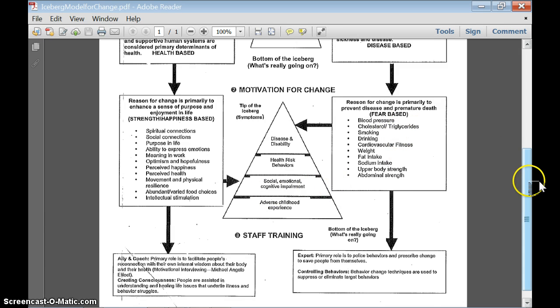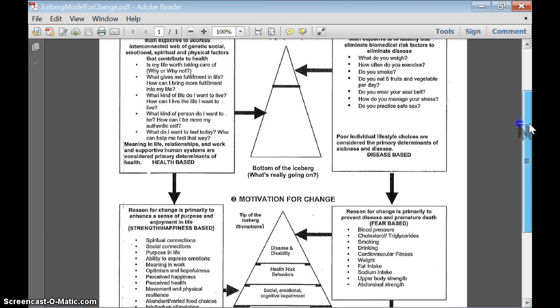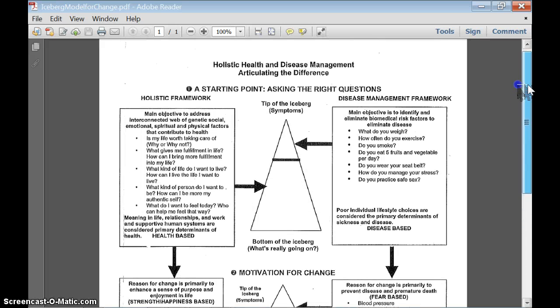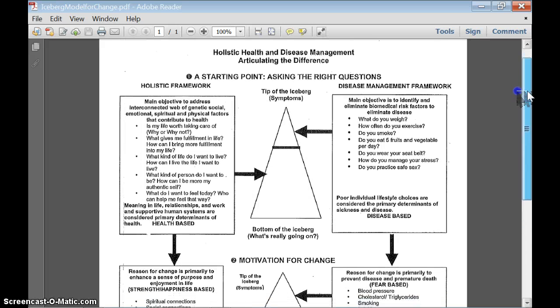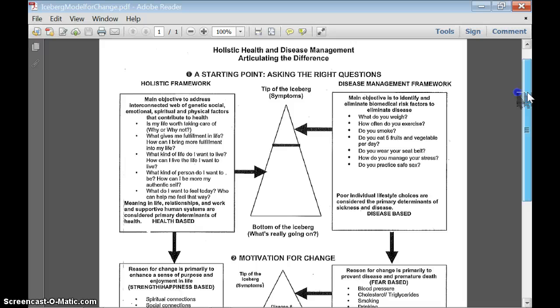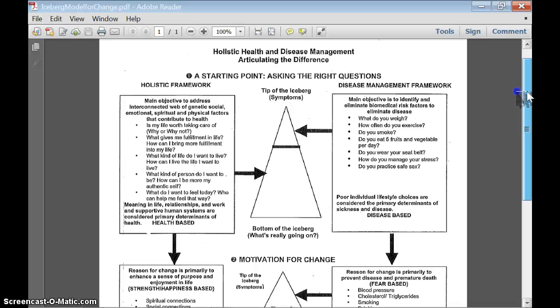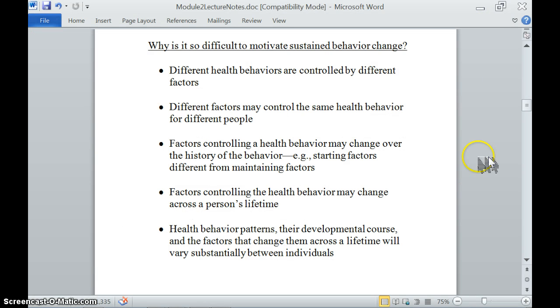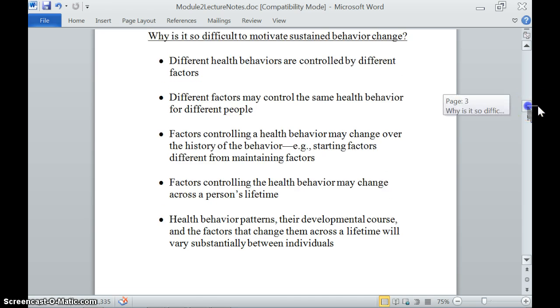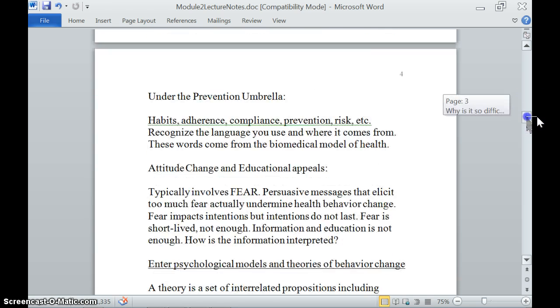So the iceberg is a good metaphor to keep in mind as you get into your profession, when you're scratching your head like, why won't these people do the things I ask them to do? It's probably a little more complex and complicated than you might think. So that's just something to keep in mind in terms of that iceberg model and why it's so difficult to motivate sustained behavior change. It's complicated.